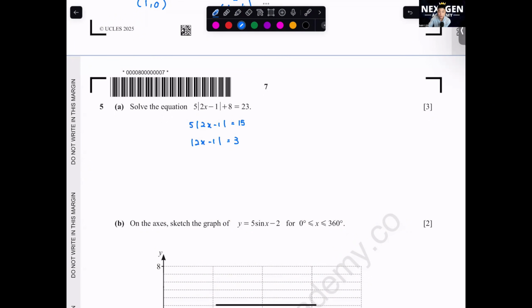So 2x minus 1, okay, this one we just write like that, plus minus 3. So 2x minus 1 equals to 3, 2x minus 1 equals to minus 3. 2x is equal to 4, x is equal to 2. 2x is equal to negative 2, x is equal to negative 1. Okay, this is an easy 3 marks.